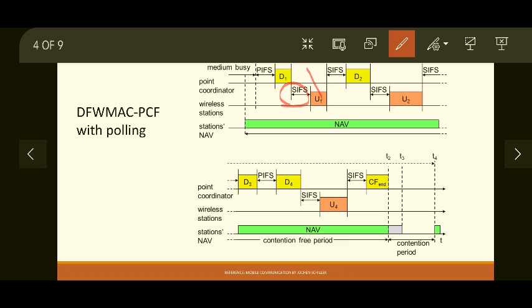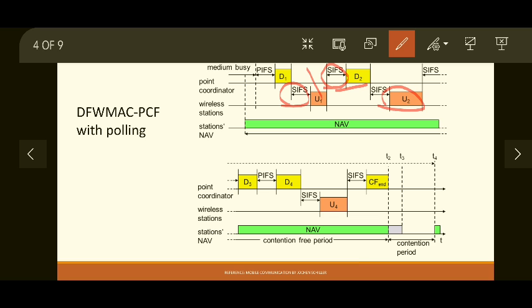Then the access point waits again for SIFS amount of time and polls the second station. Again the second station responds with U2, that is the response from the second wireless station, after waiting for SIFS amount of time again, and this continues until the third one.